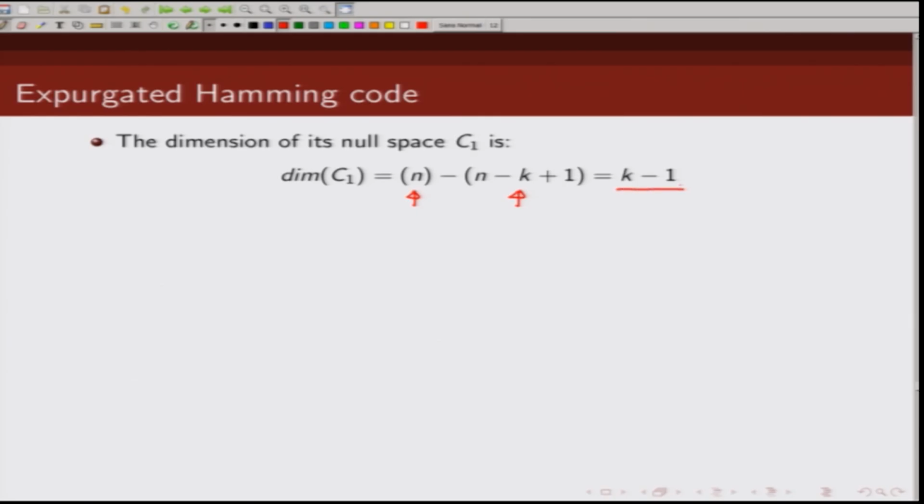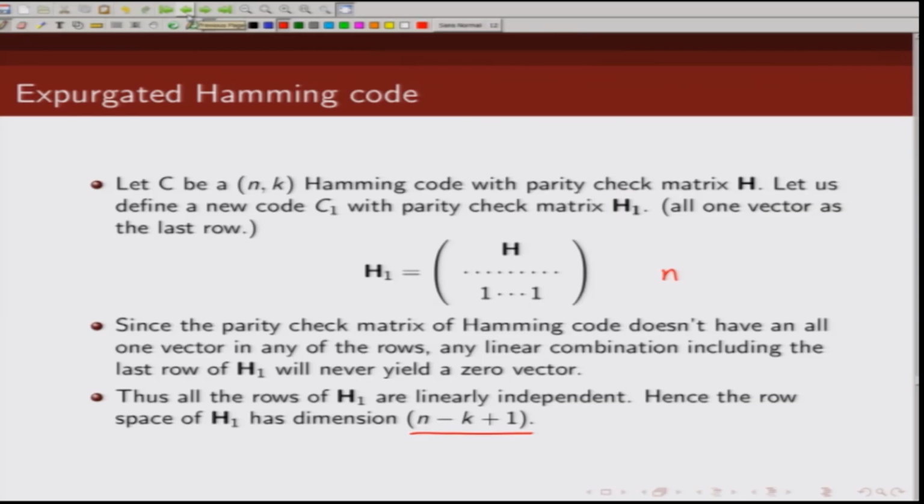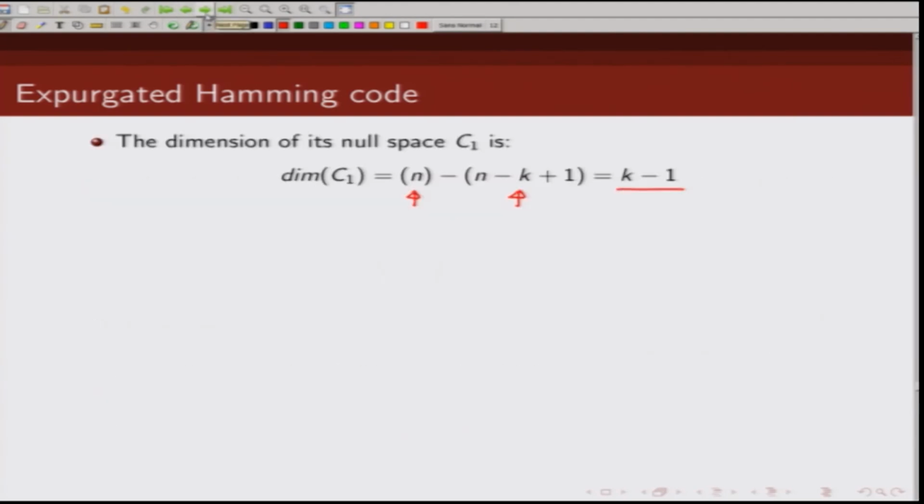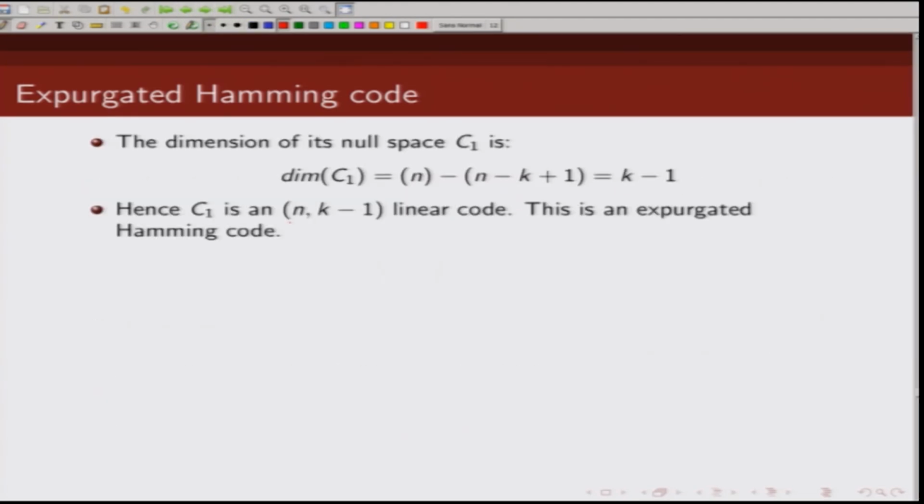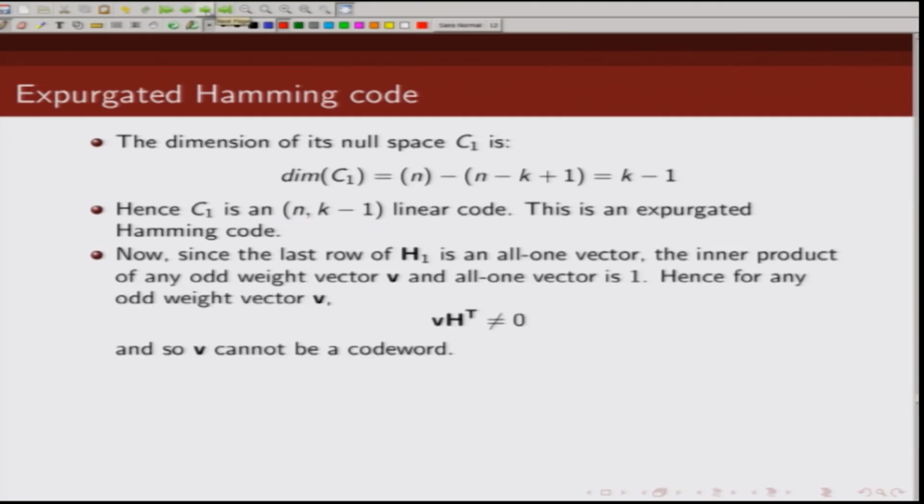So, the new code that we derived by adding an all-ones row in the parity check matrix of the Hamming code is an (n, k minus 1) code, and this is known as the expurgated Hamming code. Now, one of the interesting properties of this code is that it contains all even weight code words. It is not very difficult to prove.